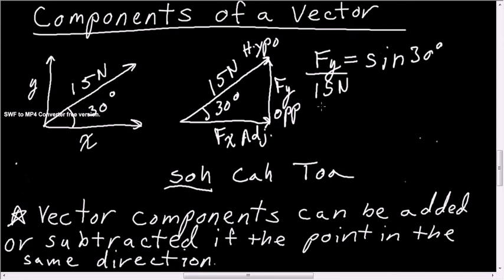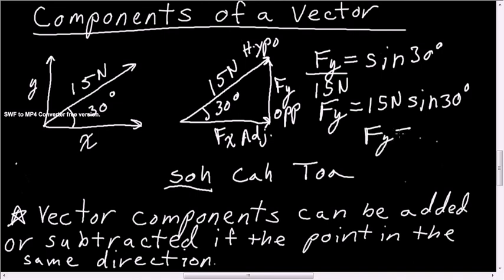Okay, I can then do a little bit of algebra, and I find that 15 times the sine of 30 is equal to Fy, which we can calculate really quick using our calculator, or you can use special right triangles in this case since it's 30 degrees, whichever you prefer. I'm going to use the calculator so we don't confuse anyone and add additional material. I get Fy is 7.5 newtons.